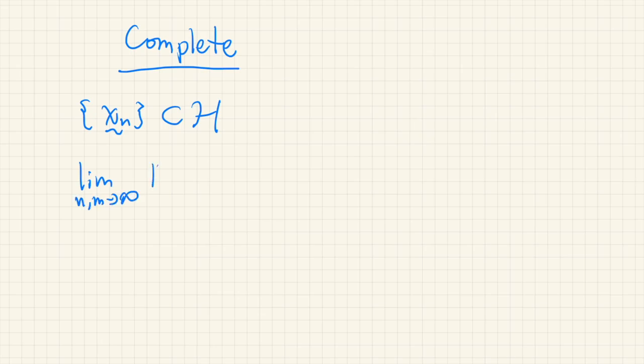And finally, a Hilbert space must be complete. What this means is that any Cauchy sequence in a Hilbert space is also a convergent sequence. So suppose we have a sequence of vectors in a Hilbert space. Then if, in the limit n and m both going to infinity, the difference between xn and xm converges to 0, then this means the sequence is a Cauchy sequence.